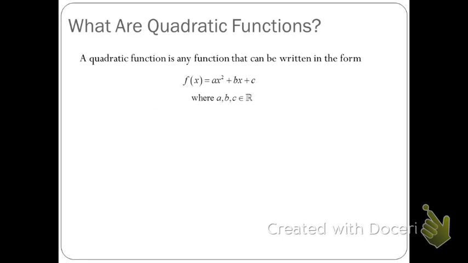A quadratic function is any function that can be written in the form f of x equals ax squared plus bx plus c, where a, b, and c have to be elements of the real numbers. So these coefficients, a, b, and c, have to be real numbers, nothing more, nothing less.